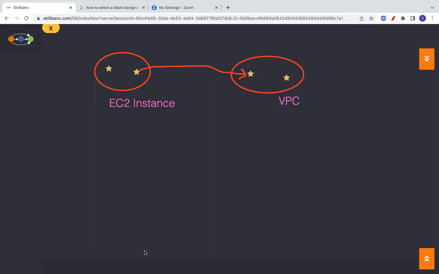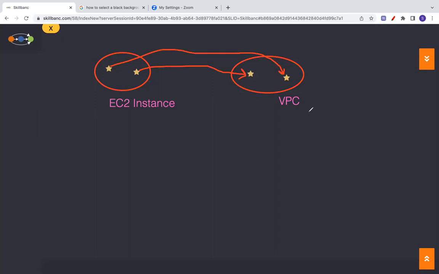And this one is in this VPC. So like that, you can mention any number of EC2 instances or any number of VPCs and the relationships between EC2 instances and VPCs.